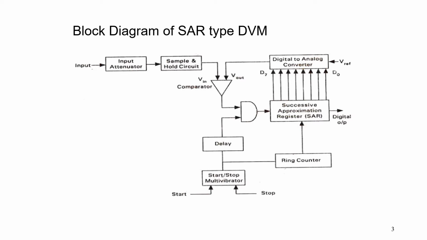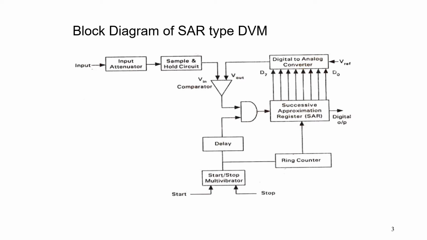Digital instruments are rapidly replacing the analog instruments because of their easy readability, better resolution, and higher accuracy. Digital instruments display the output in numerical form, that is, in digital form. They are used to measure voltage, current, power, frequency, etc.